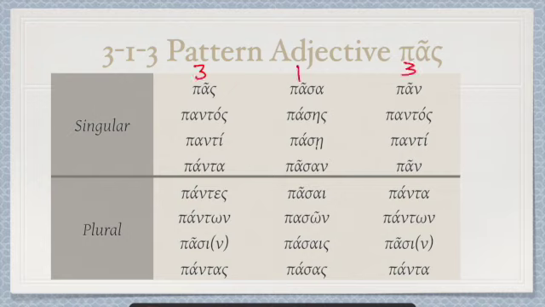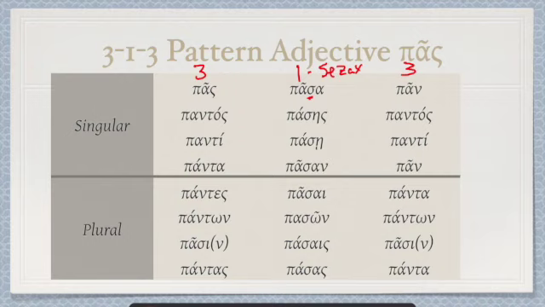It's going to follow a normal first declension pattern, but note here that we have this sigma here, which means if you get the sigma, the zeta, or the xi at the end of the stem, we're going to get an alpha, eta shift.